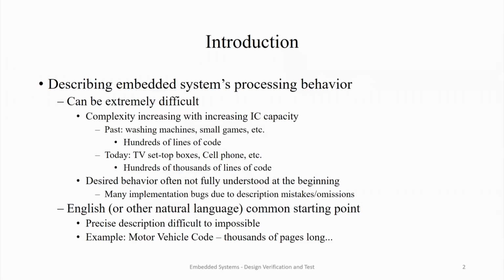So we have embedded systems with comparatively simple functionalities, like the embedded computing systems in washing machines and small games, which contain maybe hundreds of lines of code, to very complex embedded systems like TV set-top boxes, cell phones, and controllers in automobiles, aircraft, etc. These may contain hundreds of thousands of lines of code.